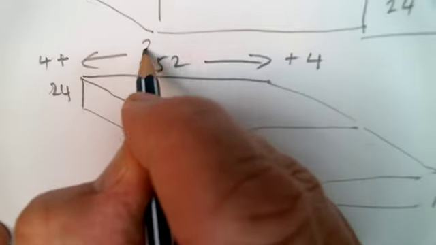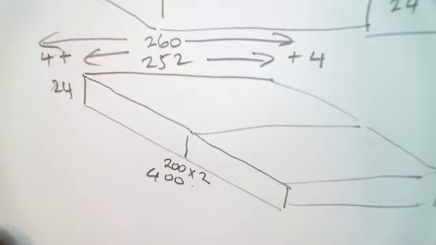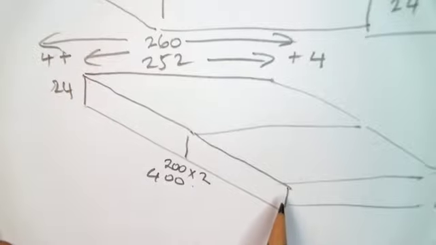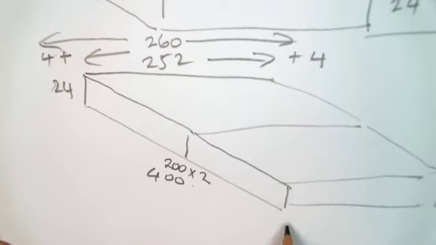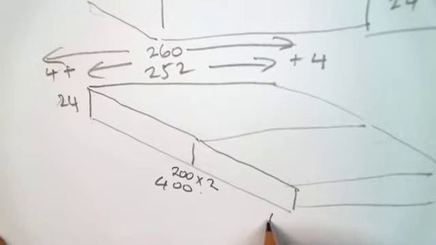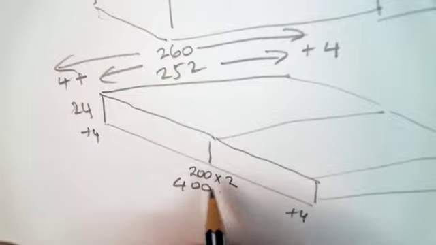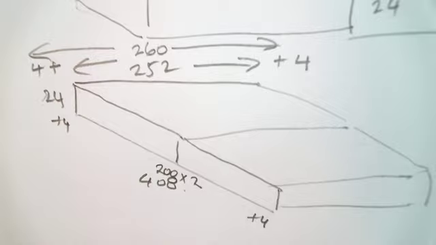So the total width of this is going to be 260 millimeters. Now this one across is 400, but it's also going to be 400 plus another 4 at each end. So it's going to be 400 plus 4 over here, plus 4 over here. So it's now going to be 408. So you've got 408 wide, and you've got 260 along.